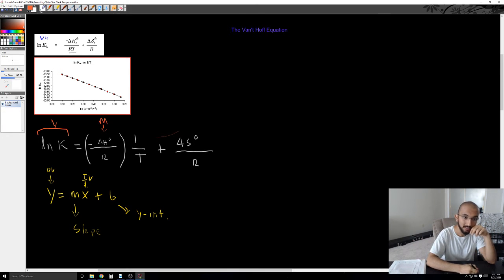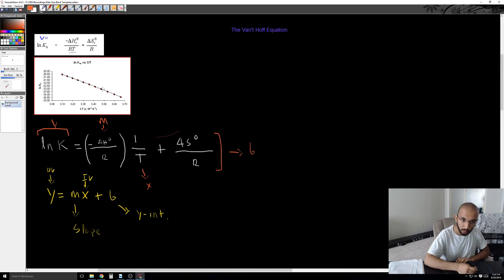This is m. It is a constant. 1 over T changes as temperature changes, so this is the variable. This is x. And finally, delta S standard over R, as we just identified, is a constant, and this is going to be equal to b. So we do have a y equals mx plus b style equation from the Van 't Hoff equation. If we look at this graph here, you'll see that ln K is the y-axis, as we would expect, and 1 over T, this is scaled, is the x-axis.